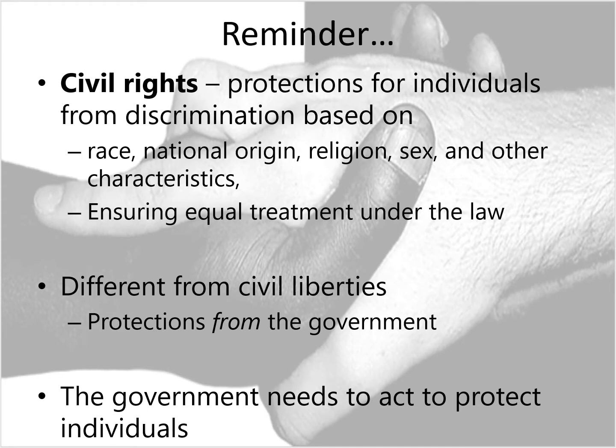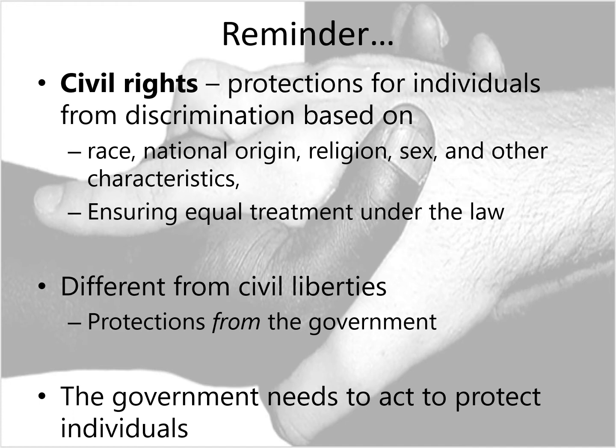Just think of the civil rights movement and things that the government did, well, maybe didn't do initially, but did later on, in an attempt to protect individuals who are experiencing discrimination because of some of these characteristics. Now, this does stem from the 14th Amendment, which is interesting because the 14th Amendment can protect both civil liberties, which are protections from the government.